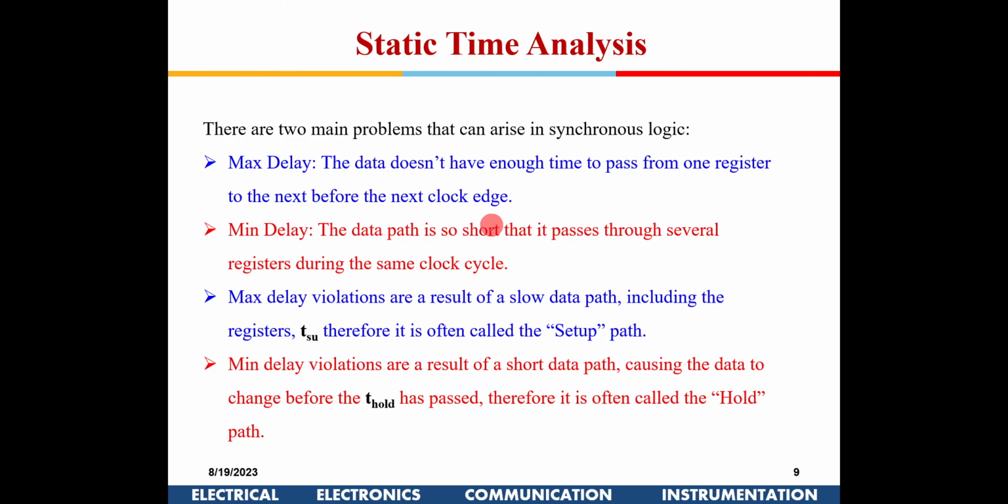Even if the data is moving too fast, it could be a problem. If it is too slow, that is also a problem. So data in the data path, if it is too slow, could cause setup violations, and if the data is too fast, then it can cause hold violations. So this is with respect to data.